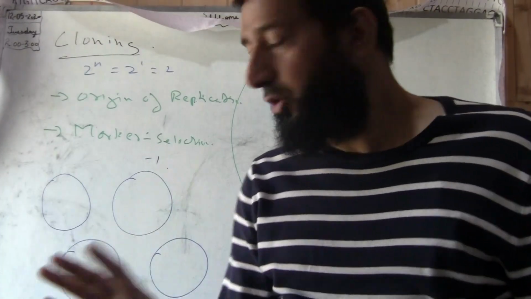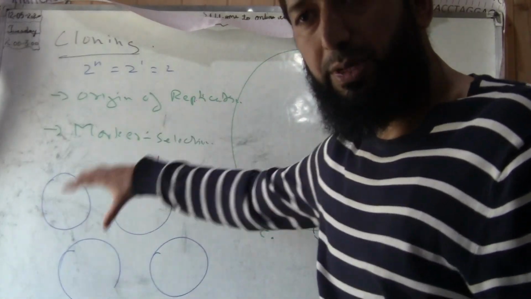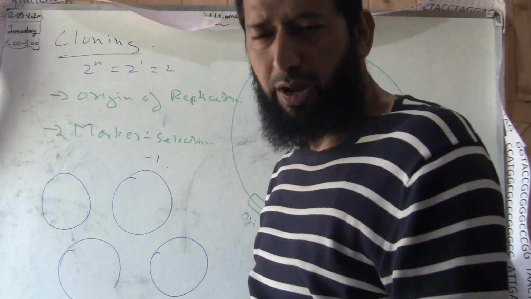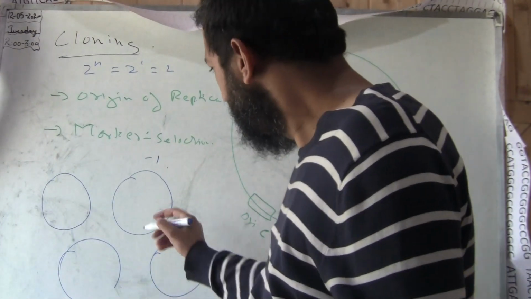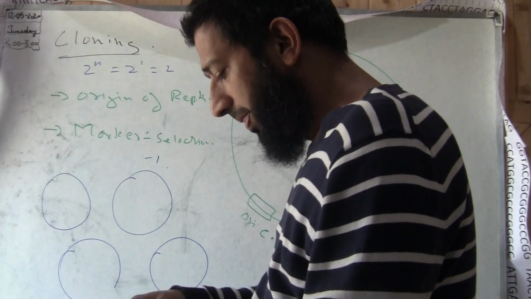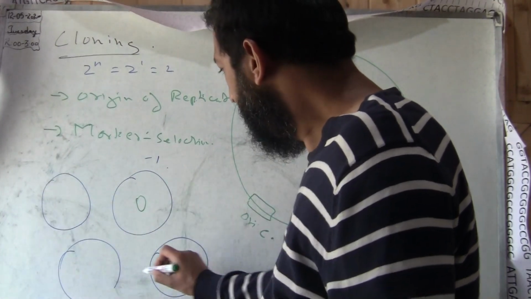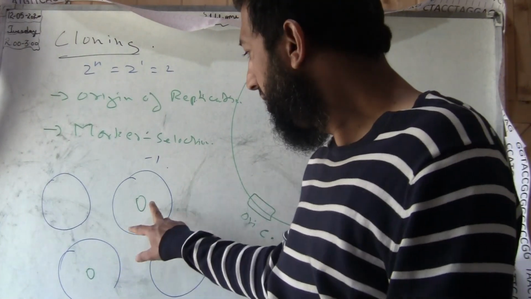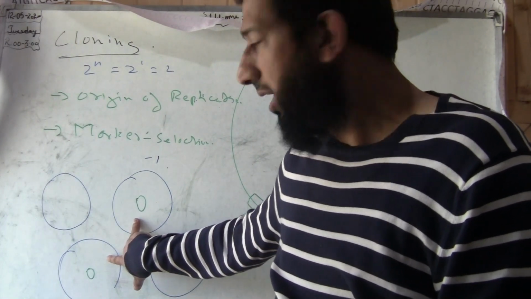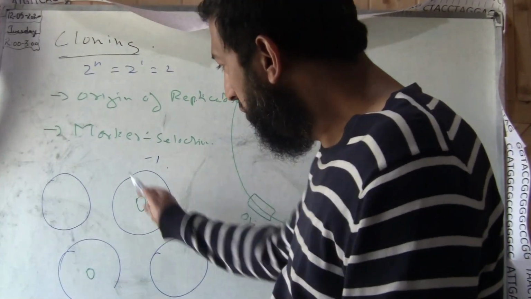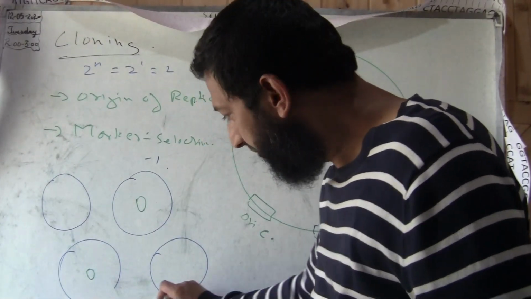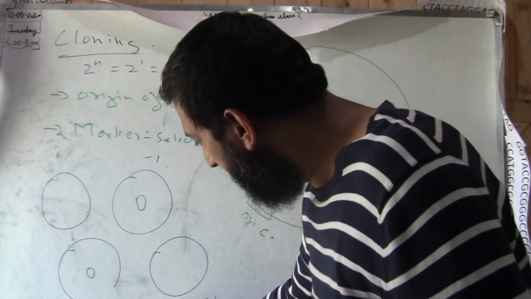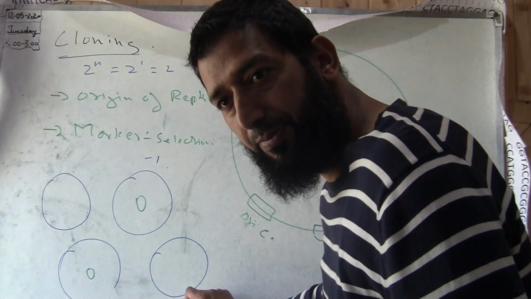But you have millions of bacterial cells, you put millions of copies of this plasmid inside these, and there will be a chance that not all these bacterial cells will harbor a plasmid. Some will not accept a plasmid. So after transformation, you have just these two bacterial cells that have incorporated the plasmid, but these two have not. So when you grow this mixture on an LB plate that has ampicillin in it, only this and this bacterial cell will be able to make colonies.